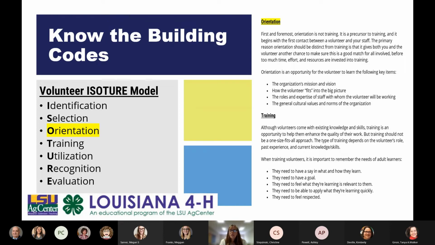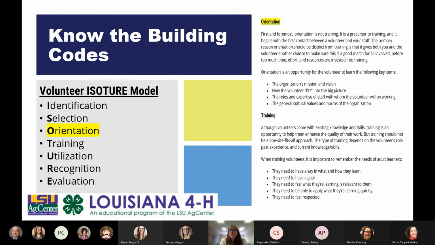Looking at training, this is where you move more into training with the leader, and they have a say in what and how they learn. So you can ask them when they're available for you to visit one-on-one, or what their expectations are for training throughout the year. You need to have a goal.